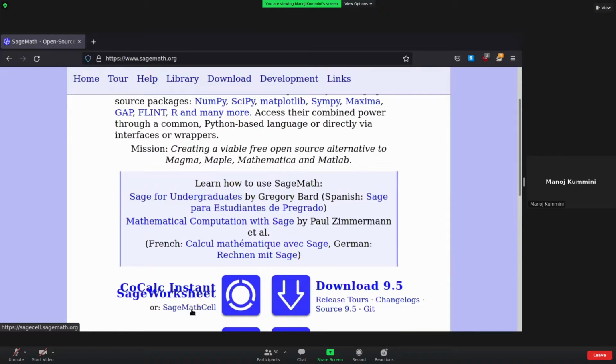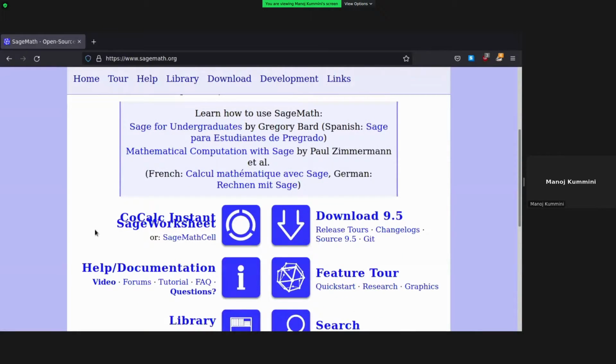The SageMath cell is an online Sage server, so you can do small computations there. It's a public server, so there are probably a lot of people using it, and it may be slow. If you need to use Sage for your research, it's probably better to install it locally.